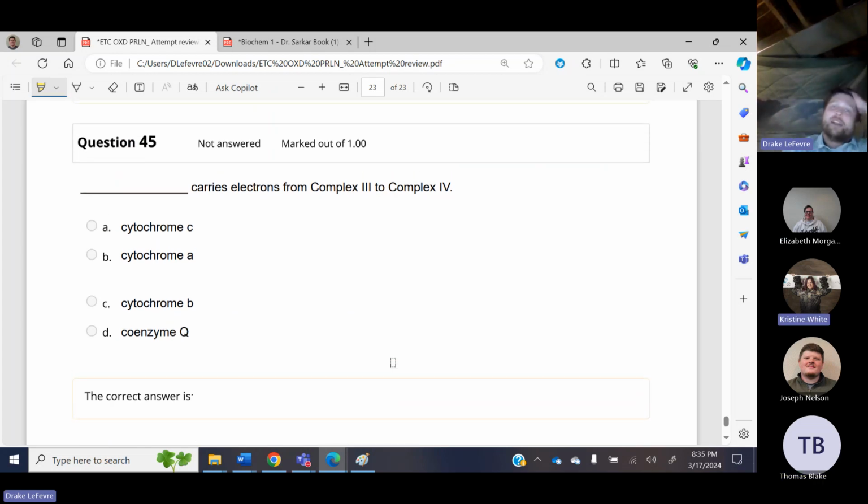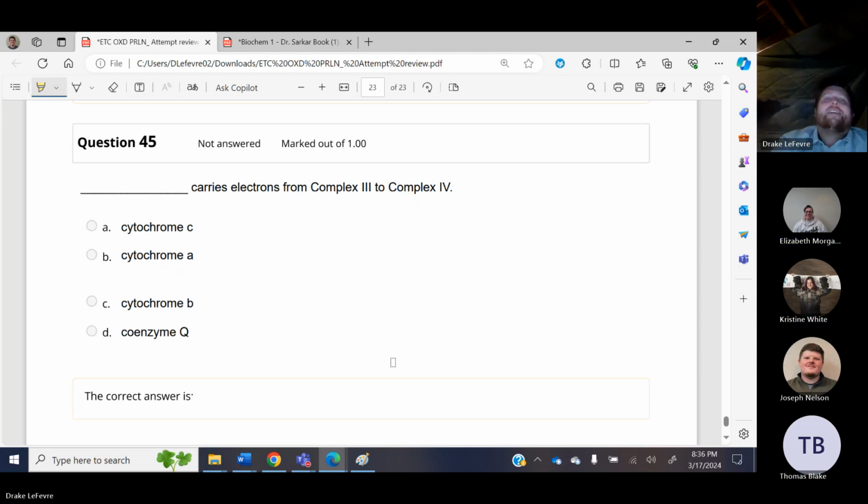Okay. What carries electrons from complex 3 to complex 4? Coenzyme Q. Answer C, right? Yeah, cytochrome C. Remember, because coenzyme Q is from 1 and 2 to 3.